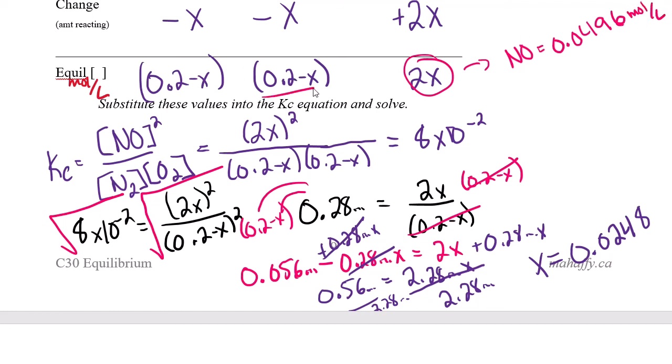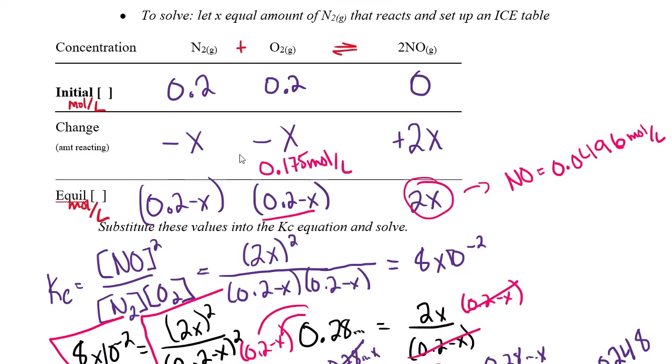These guys are 0.2 minus x. So that gives each of them a value of 0.175. So for my oxygen, its equilibrium concentration will be 0.175. My nitrogen will be 0.175 moles per liter as well. So here's my equilibrium concentration number 1, number 2, and number 3.